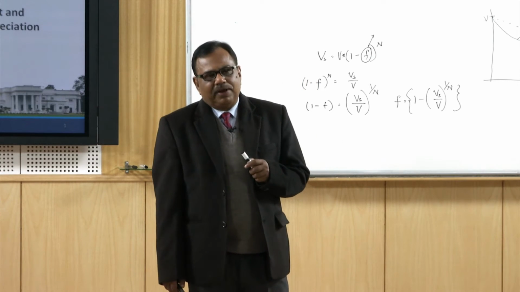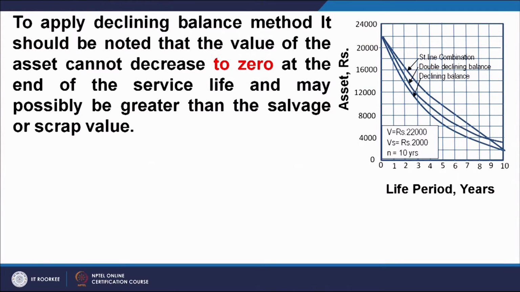To apply the declining balance method, it should be noted that the value of the asset cannot decrease to 0 at the end of the service life and may possibly be greater than the salvage value or the scrap value. Let me explain this.